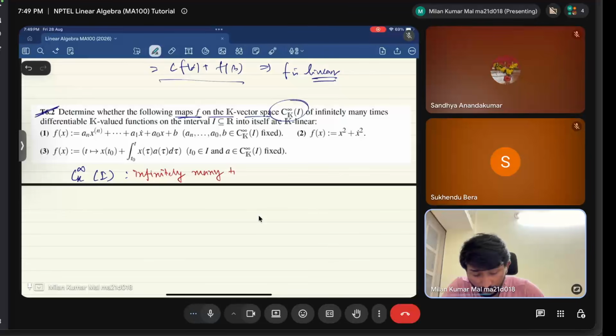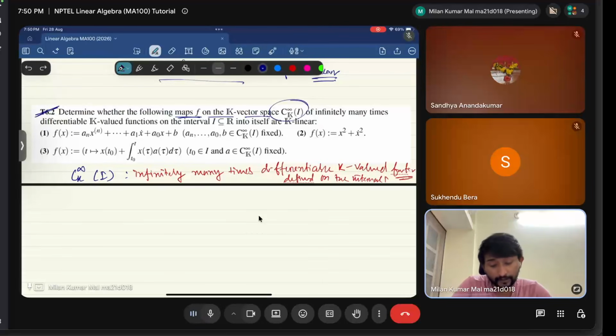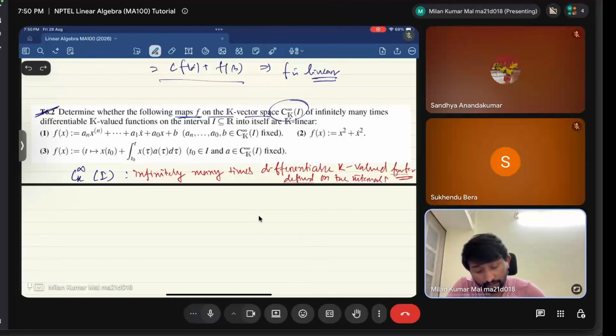Infinitely many times differentiable K valued functions defined on the interval I. That's the domain of the function.